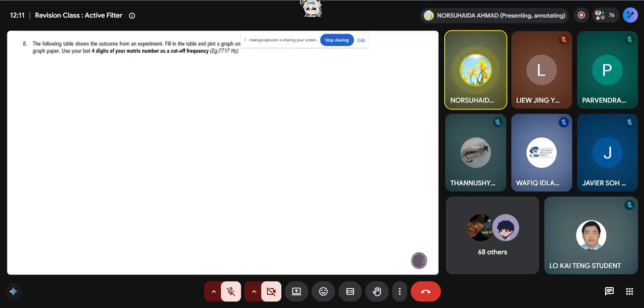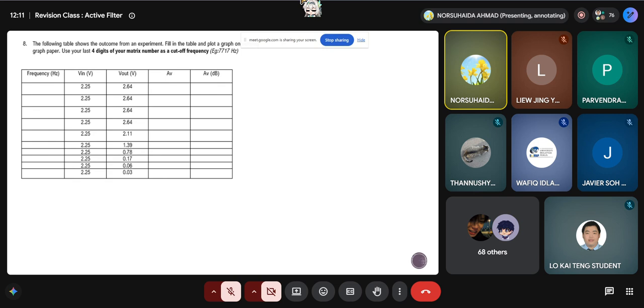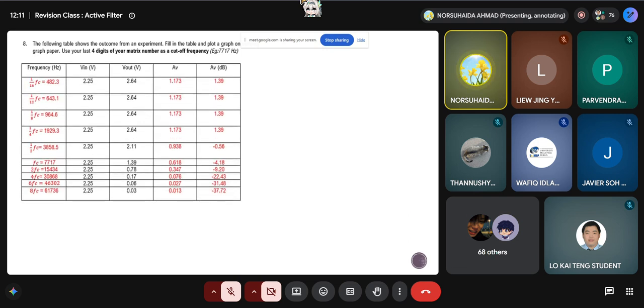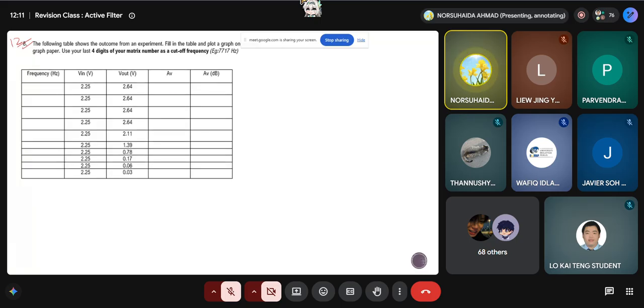Okay, next is the final question. This is question number 12, which is how to plot the graph on graph paper. The following table shows the outcome from an experiment.